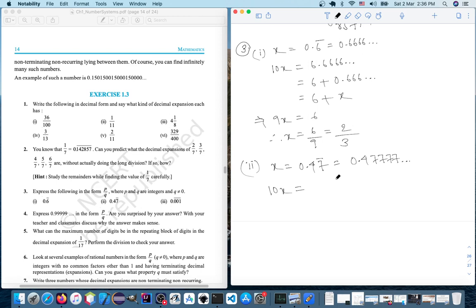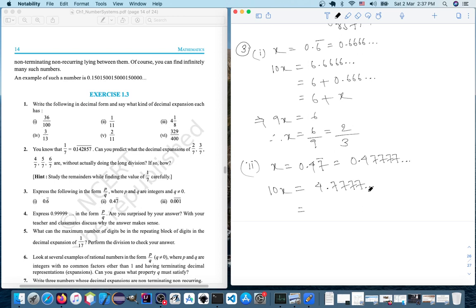When we multiply with 10, we get 4.7777 and so on. Now somehow from 4.777 we have to split into two terms where one term will be x. How can we do that?